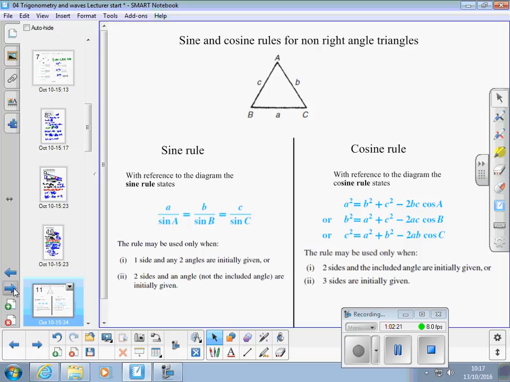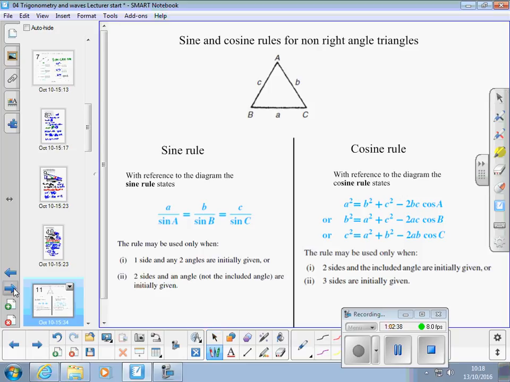So that rule can be used if we know either one side and any two angles, or two sides and an angle but not the included angle.